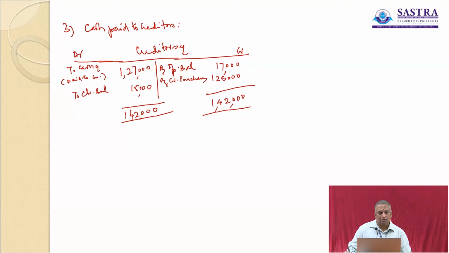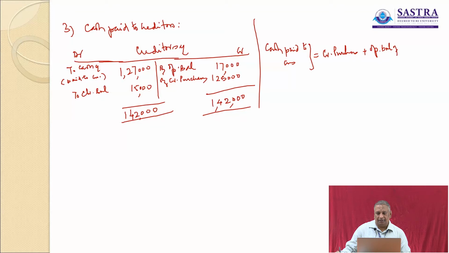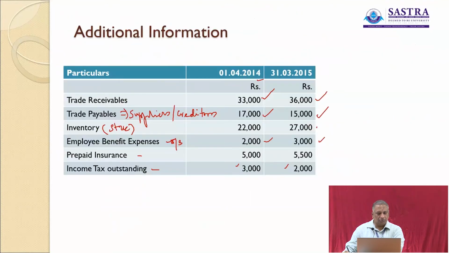This is important. If you are in a position to understand through ledgers, then it can be calculated like this. If you are not comfortable with the ledger, you can go in for an equation. So cash paid to creditors: the equation can be credit purchases plus opening balance of creditors or trade payables. Creditors also, I think in the question it is mentioned as trade payables. It means the same.